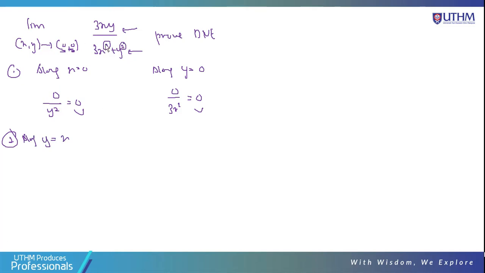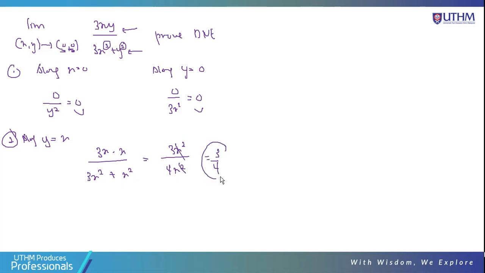Then y becomes x, so 3x multiplied by x over 3x square plus x square, which is 3x square over 4x square. You get the answer 3 over 4.